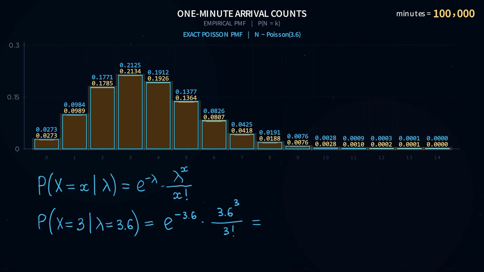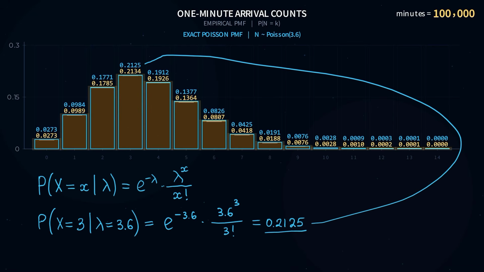And if we were to evaluate that, we would get 0.212469, which I'll just round to a 5 as the fourth digit after the decimal. And you can now relate this number to the one we have up here.